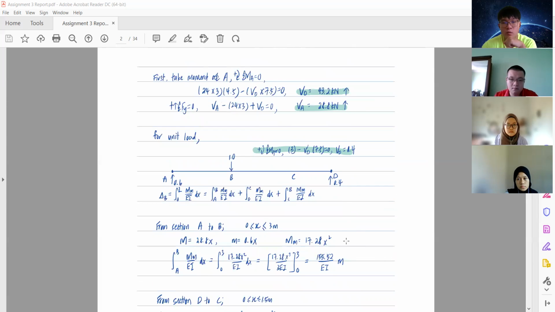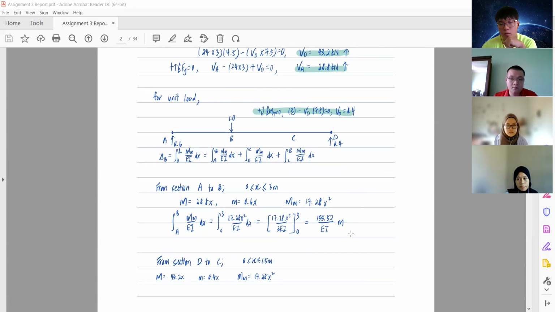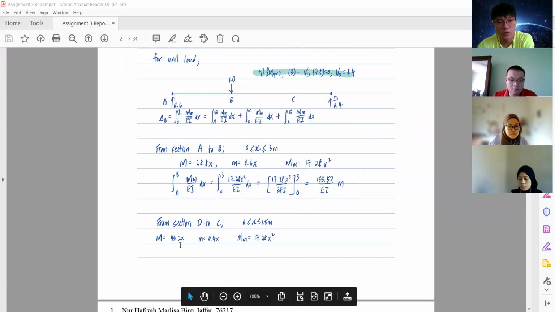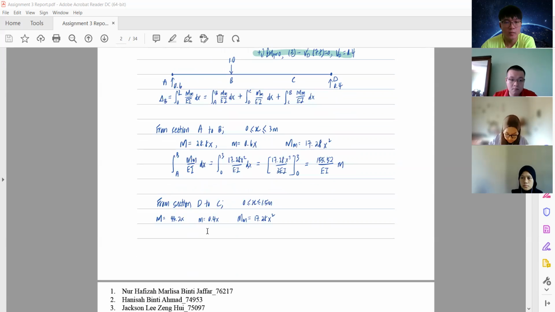We can leave EI there until the end of the question, and then substitute in the EI value. Secondly, we consider section D to C, which is this part, where x is between 0 and 1.5 meters from the right-hand side. The moment for the real beam is 43.2x, and the moment for the virtual beam is 0.4x.